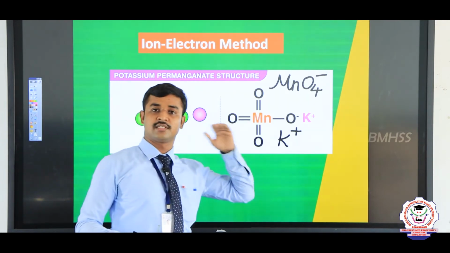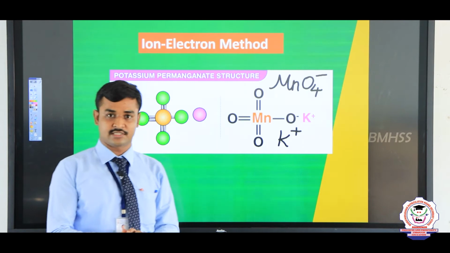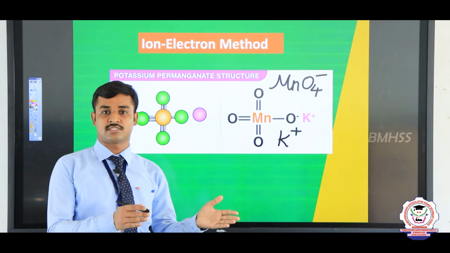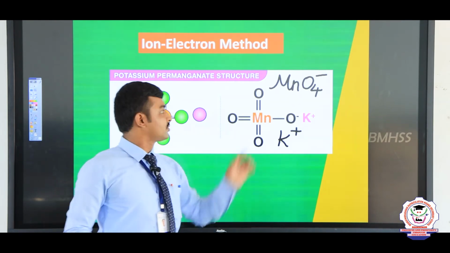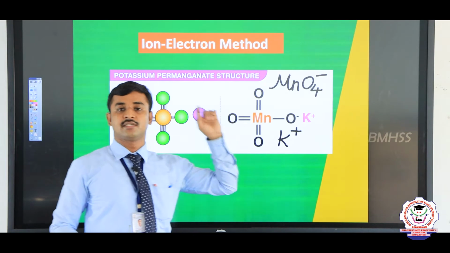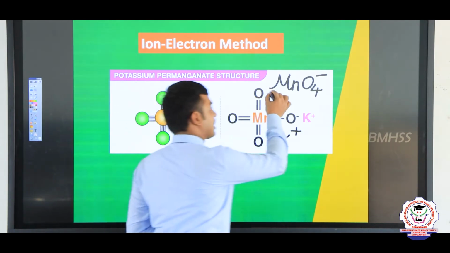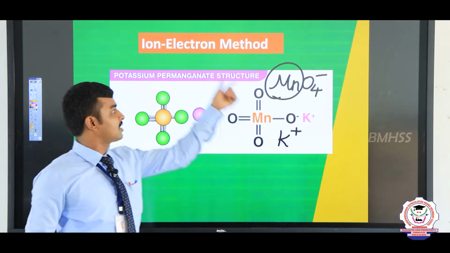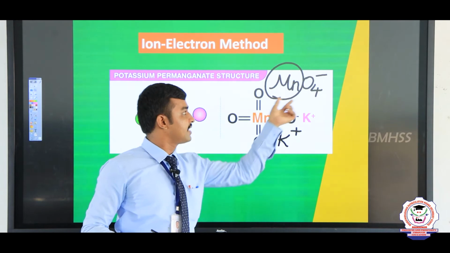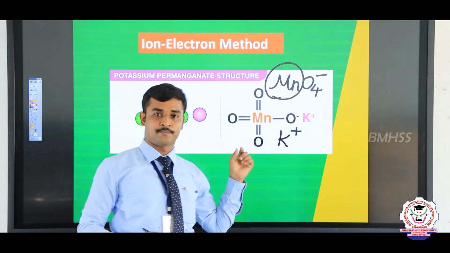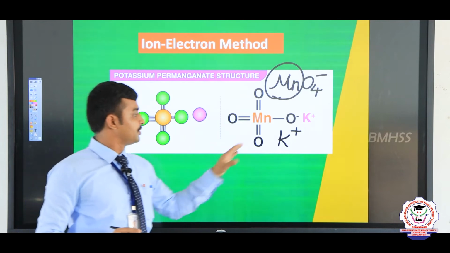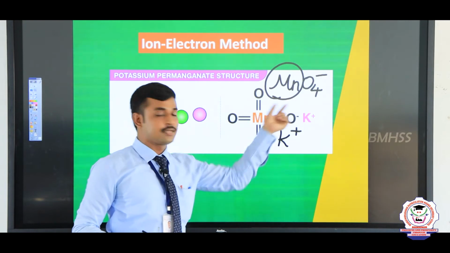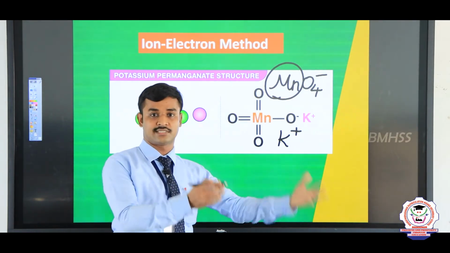It is a reactive metal, so it can change its oxidation state, but the potassium and oxygen atoms do not change their oxidation states and remain the same. So we only represent the manganese atom in this method, because the atom that changes its electrons is manganese. The ion electron method only includes the manganese atom, not the potassium atom. When writing this equation, you need not write the other atoms, only the atoms that change their oxidation state.